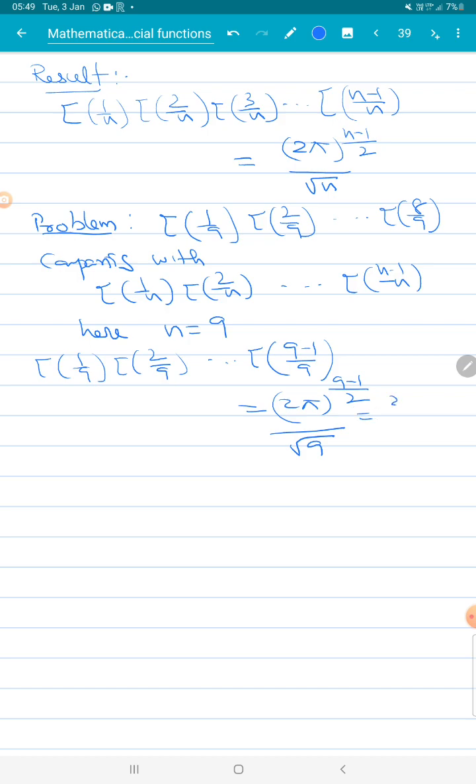So this equals 2 pi power 8 by 2 is 4, by root 9 is 3, 2 pi to the power of 4 by 3. Or this can be written as 16 pi to the power of 4 by 3.